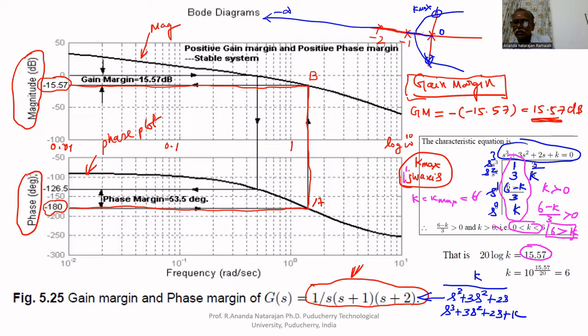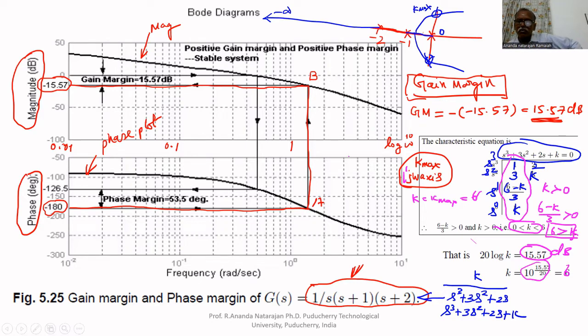To find the linear gain, 20 log k equals 15.57. Therefore, k equals 10 power 15.57 divided by 20, taking the antilog on both sides. That is equal to 6. We got the same answer.